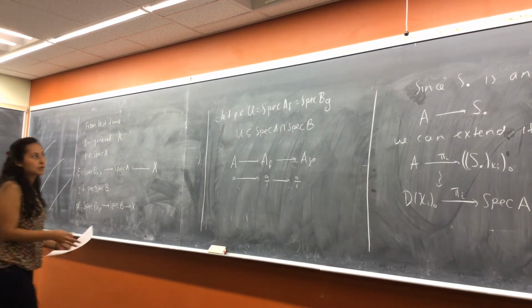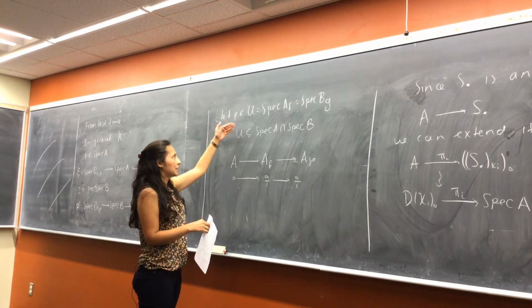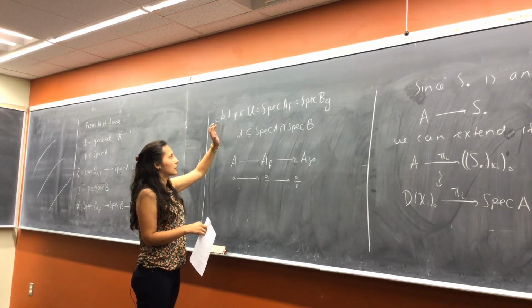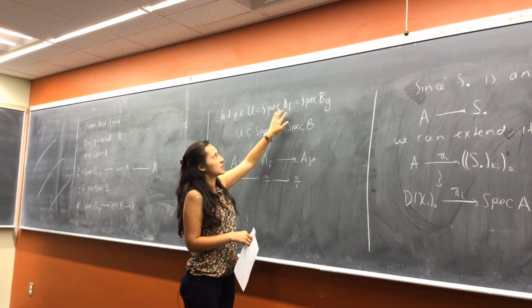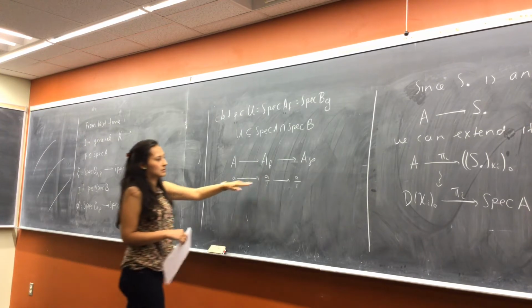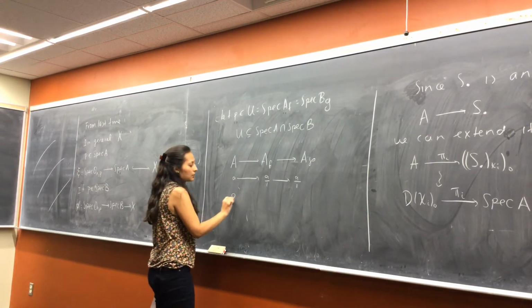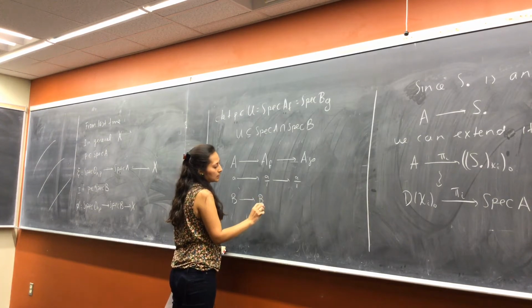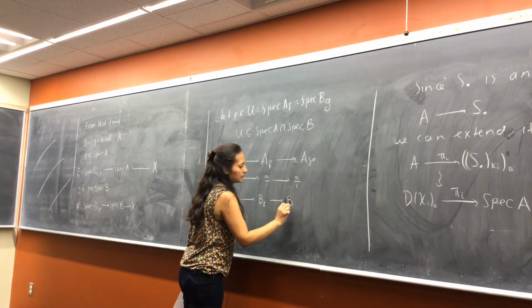We can do that because the prime ideal, the point coming from that prime ideal, is inside of, for example, spec A_f. So f is not an element of P, so this is totally fine. And we can also factor the same way B to B_g to B_P.